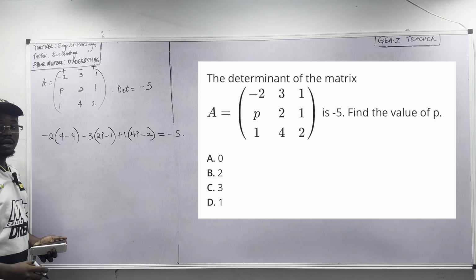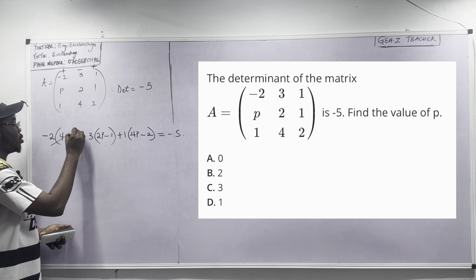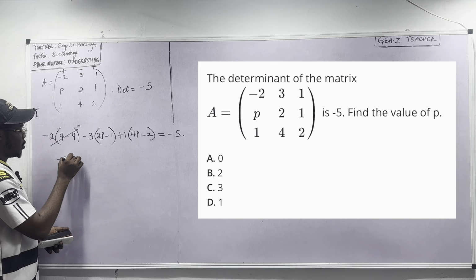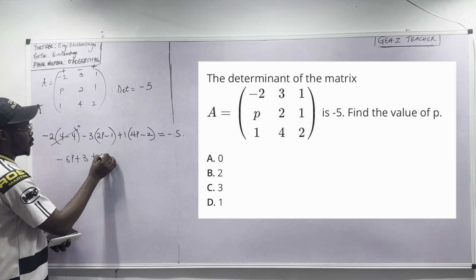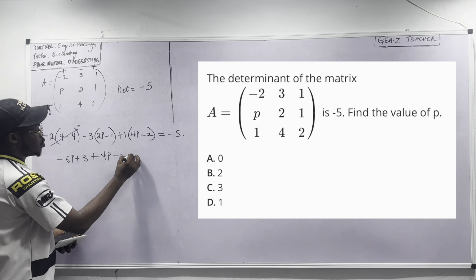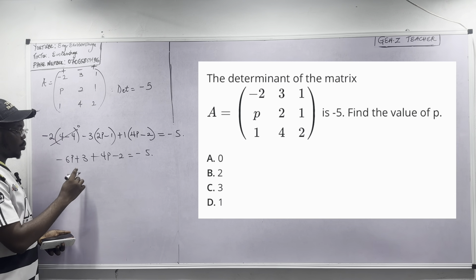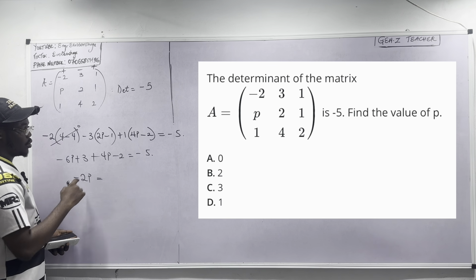Already the first bracket, 4 minus 4, is 0, so everything there becomes 0. So we're going to have minus 6P plus 3 from this, then plus 4P minus 2 equals minus 5. Now minus 6P plus 4P gives you minus 2P, and 3 minus 2 is 1.